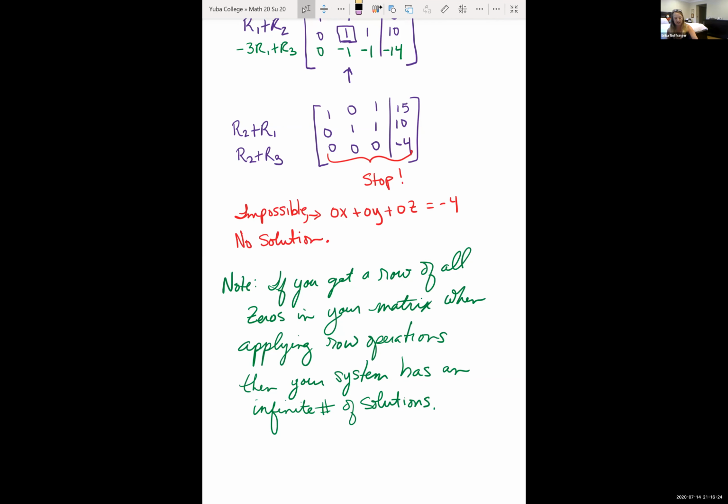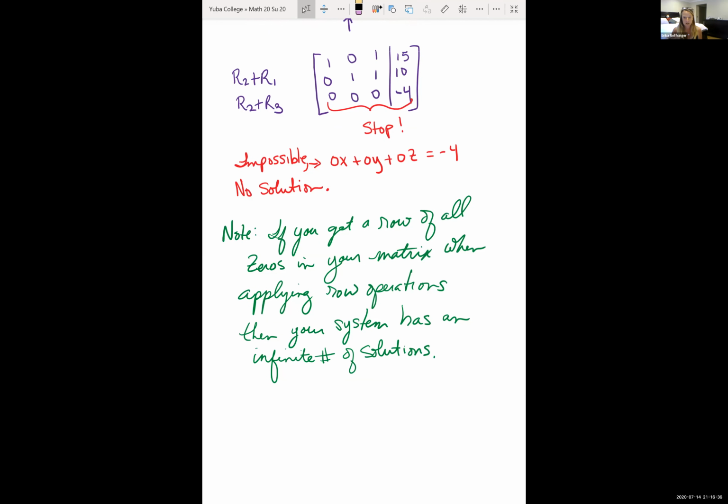Or I could have everything in terms of y. So x could equal something in terms of y, and z could equal something in terms of y. And depending on which one you choose, one is usually easier than the other. What you arbitrarily choose for that variable determines what the rest of the variables will be. Okay, so maybe I can find one. Let's look at one.